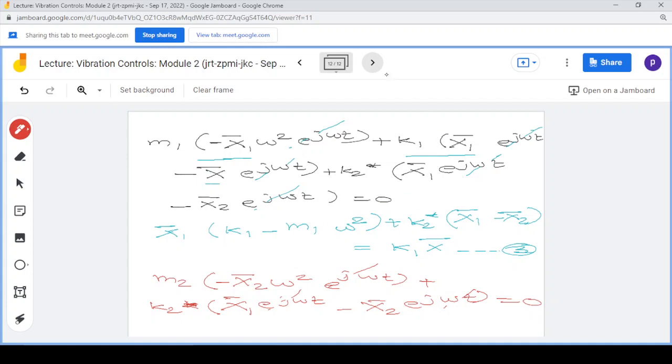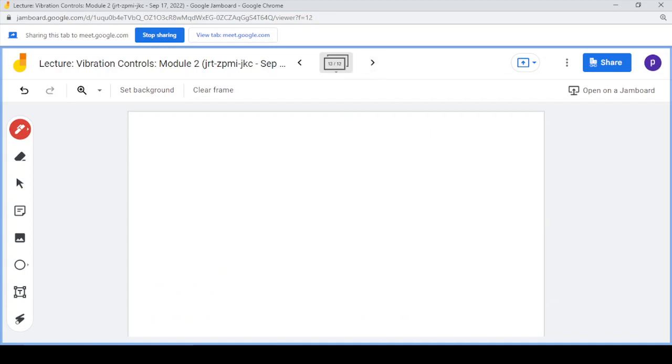Okay, so we write it as k2 star minus m2 omega square into x2 bar.